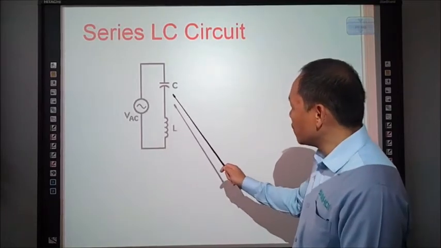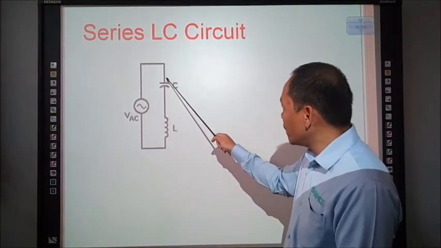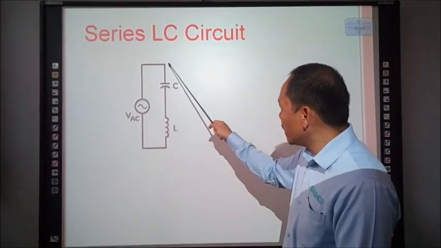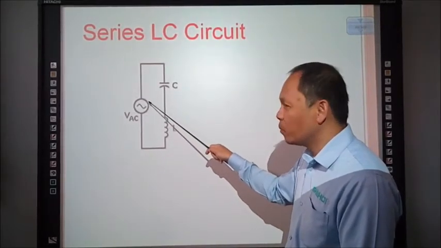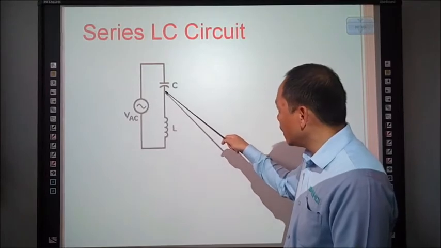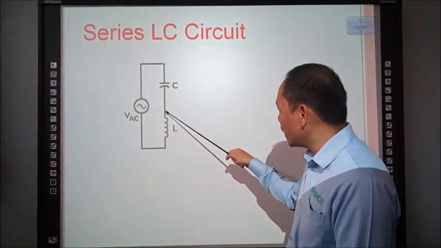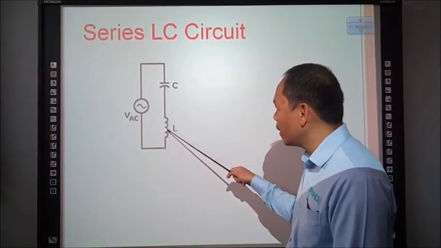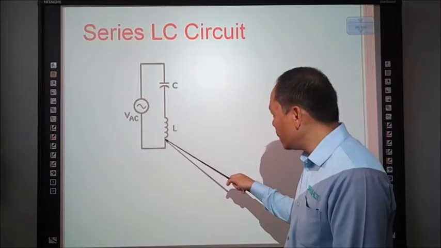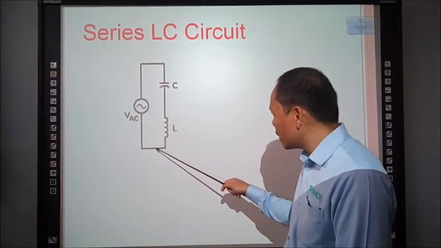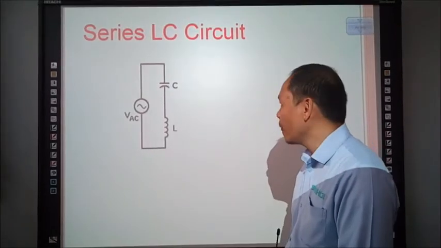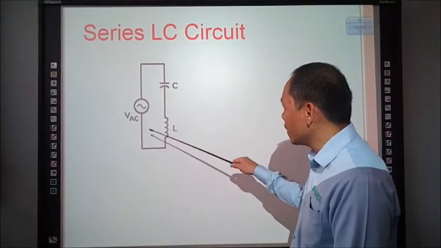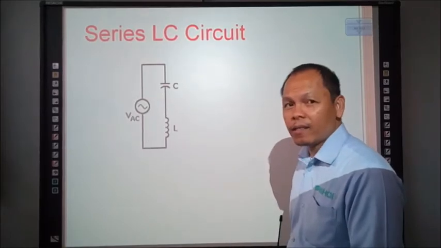As you can see, the upper terminal of the capacitor is connected to the source voltage, and the lower terminal of the capacitor is connected to the inductor, and the lower terminal of the inductor is connected to the source voltage, AC. So this is a series LC circuit.